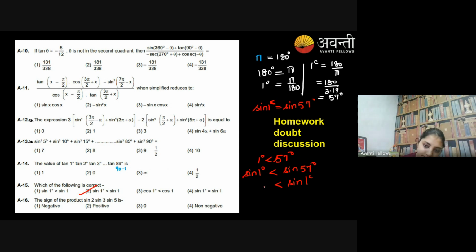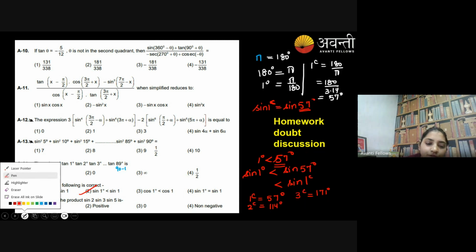Dear, just listen carefully. Can you see, 1 radian is 57 degree? Remember? So 2 radian will be 114 degree and 3 radian will be approximately 171 degree, right?